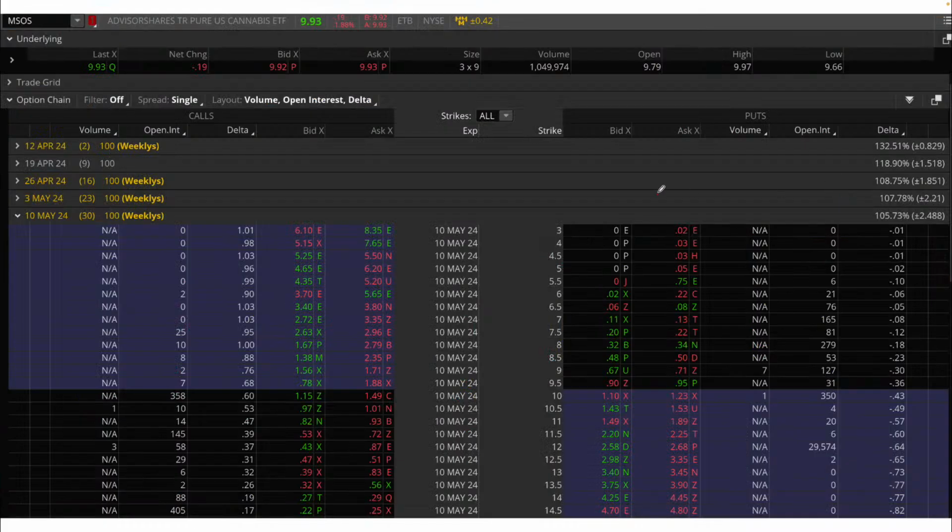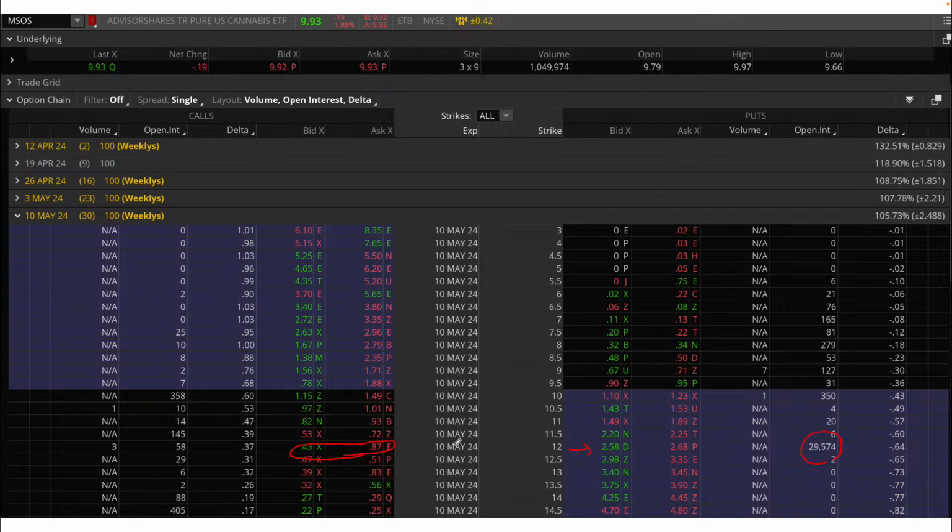So let me take you there. MSOS. The trade that they did is right here. Now, they did a trade that was in the money. I wouldn't say it's deep in the money, but it's definitely in the money. Interestingly enough, the premium in this 12 strike is going to be the same as the puts.